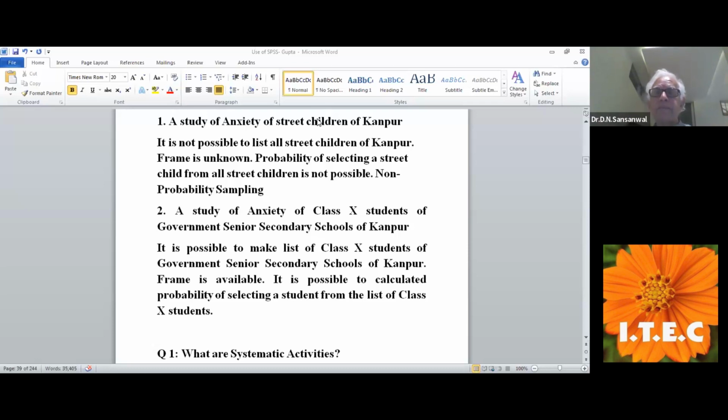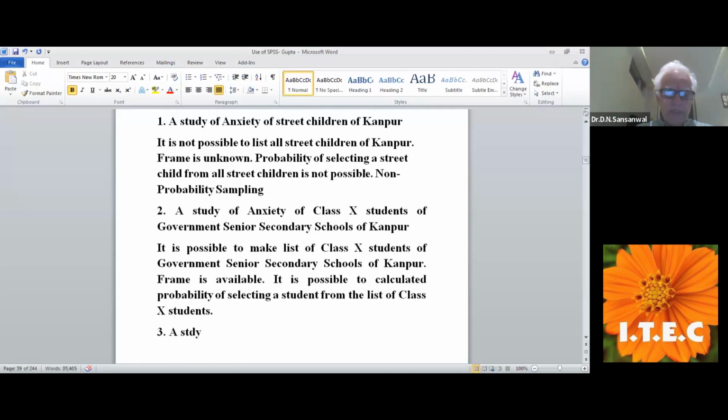Okay. So now you have understood. So from the title, you only can find out whether the probability sampling or the non-probability sampling. Let me give one more example and then I proceed further.